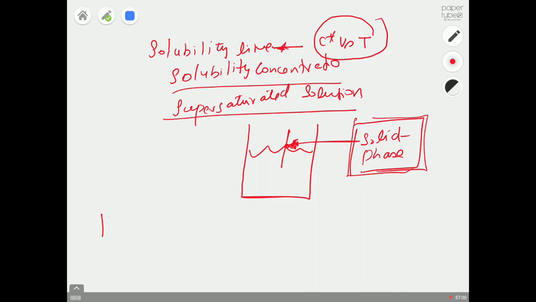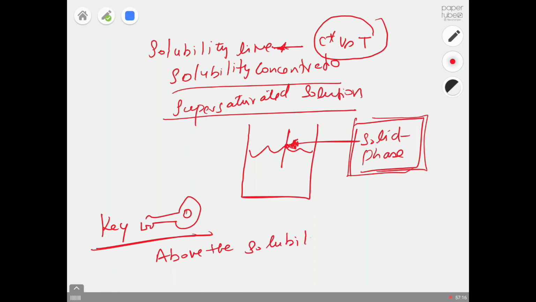The key thing that you have to remember, one fact that you should remember again and again, is that above the solubility limit, solute molecules will not like to stay in the dissolved state.